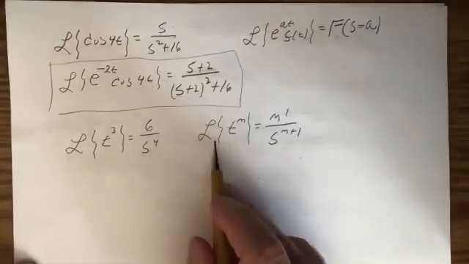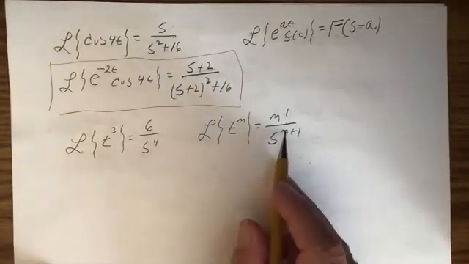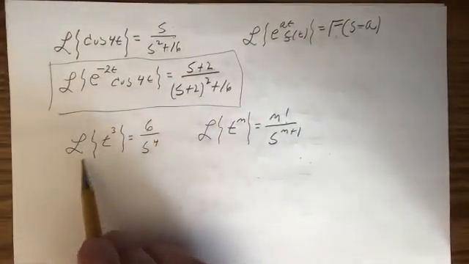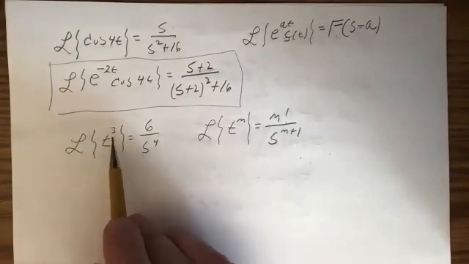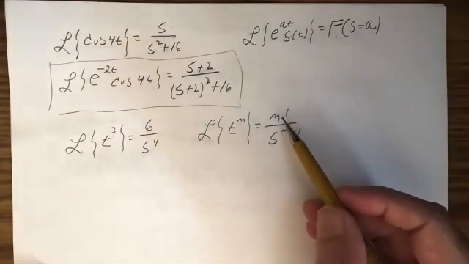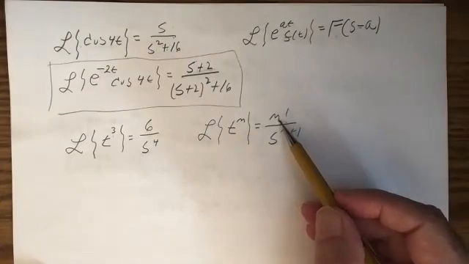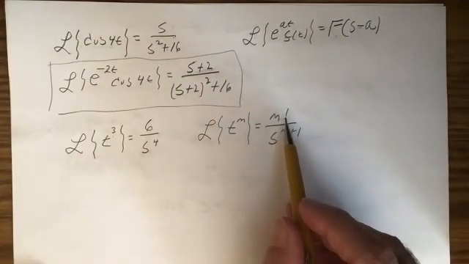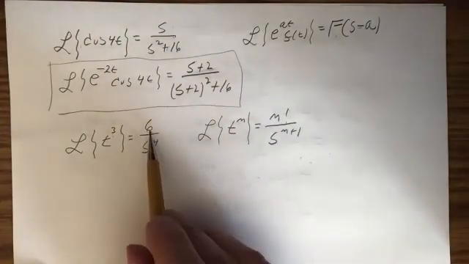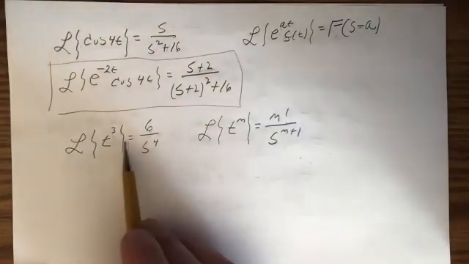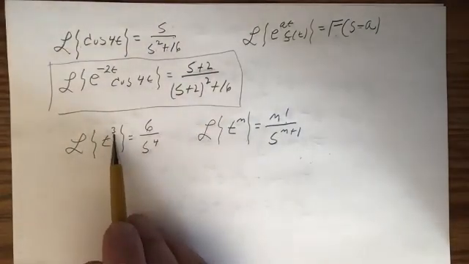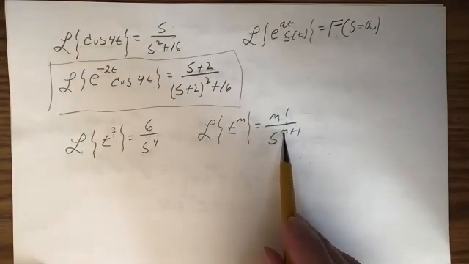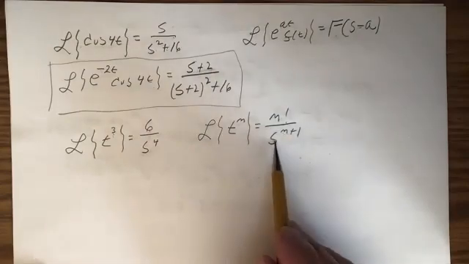So for the Laplace transform of t cubed, it's 3 factorial, which is 6, and since it's t cubed, n plus 1 gives s to the 4th.